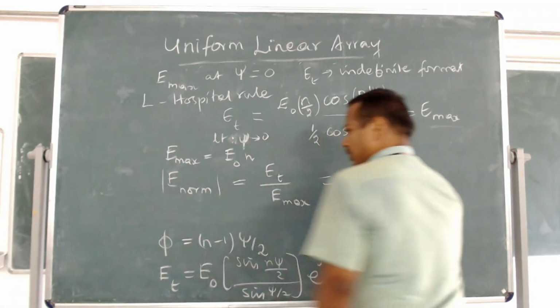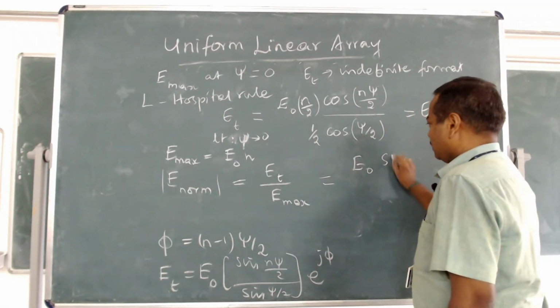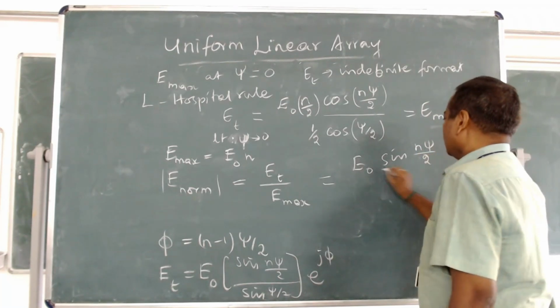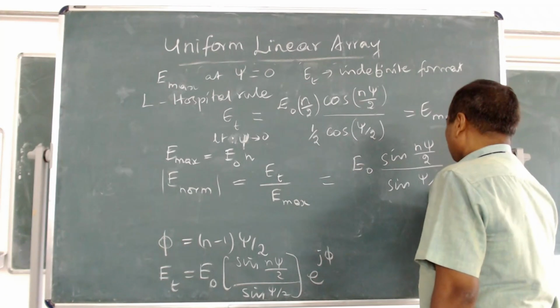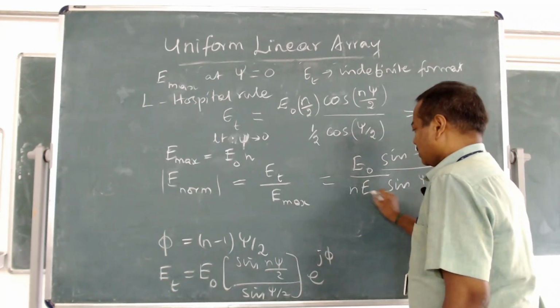So this is equal to E naught sin n psi by 2 divided by sin psi by 2, whole thing divided by n times E naught.